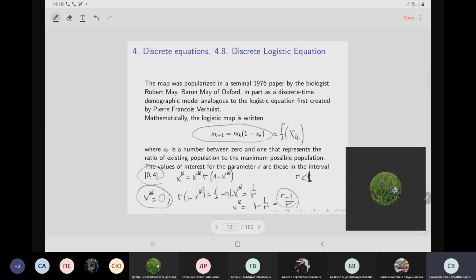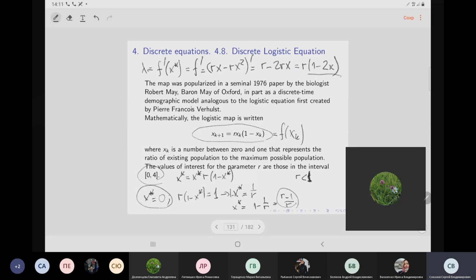Well, two equilibriums. So let us find the eigenvalue, that is f prime of the equilibrium. What is our f prime? It is (rx - rx squared) prime, so it is r - 2rx, or the same, r(1 - 2x).